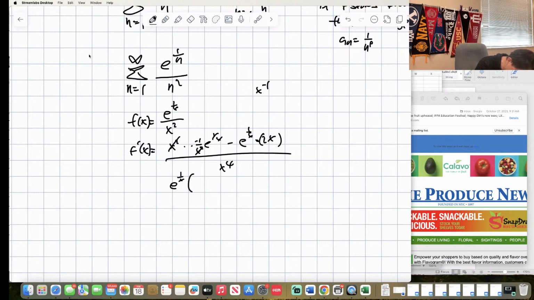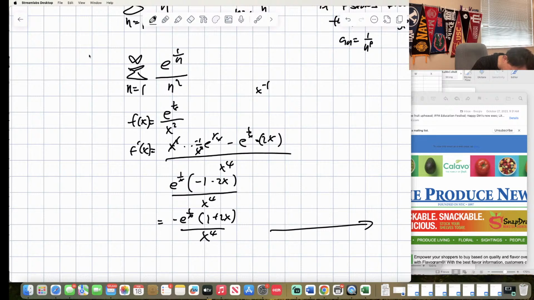I can factor out minus 1, plus minus 2x, and that's over x to the 4th. I can factor out a negative sign. Now, since the bottom is x to the 4th, we only worry about going from 0 and up.